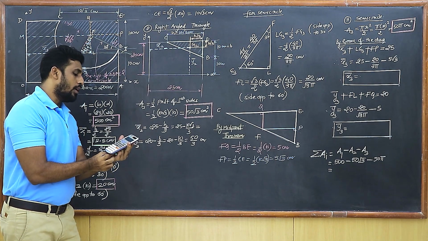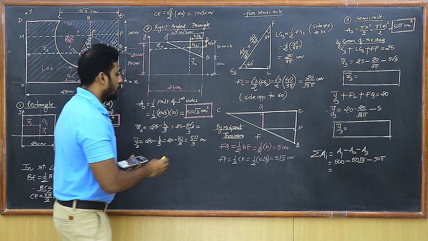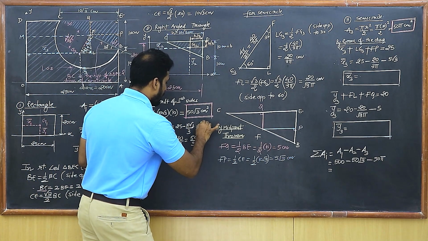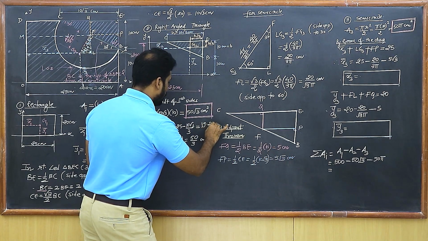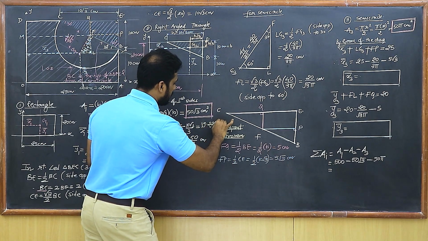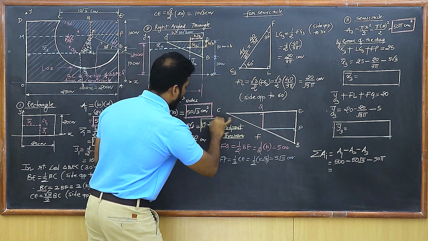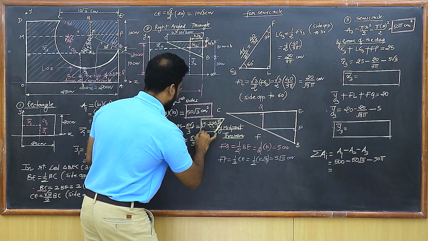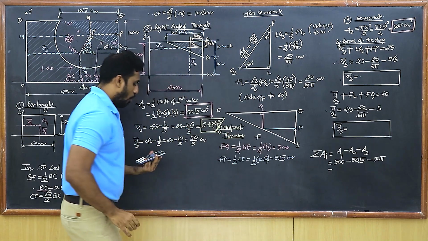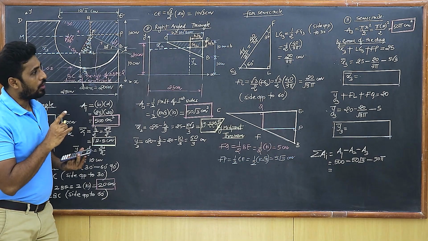I'm going to write that value as 19.2265. That's the value of x2 bar, 19.2265.